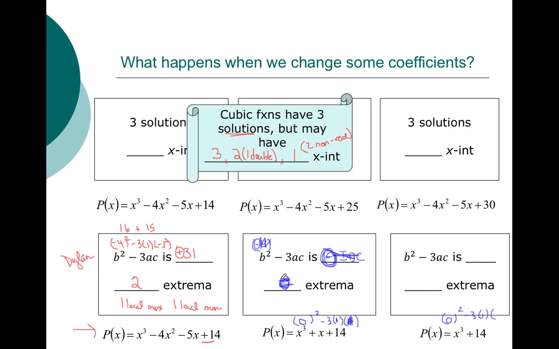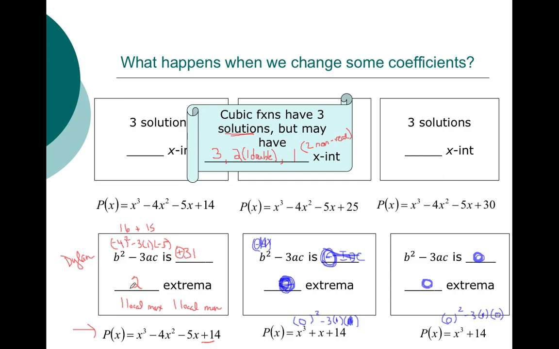I still do have 0 extrema. What's true here? B squared minus 3 times a is 1, but what is c? So b squared minus 3ac, our Dilation value, is 0. But I still have 0 extrema.